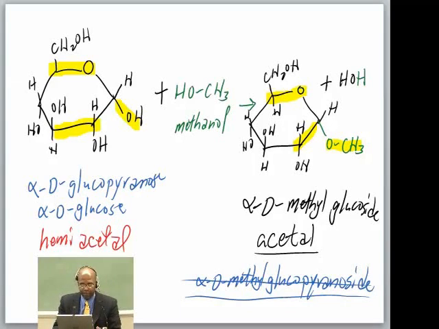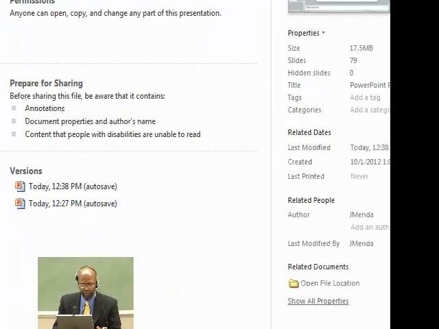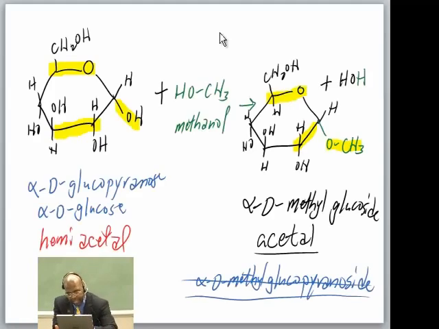Let's do another reaction. Let's see if you all can figure this out. Oh no, what did I do wrong? Okay. I need to tell you one thing. Well, I guess I could do it on the next slide, but I want to do it now. Since we formed a glycoside, we give a special name for this bond right here, the bond between the sugar and the alcohol.